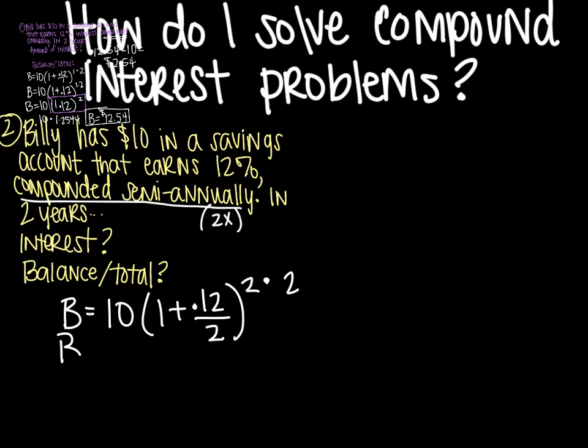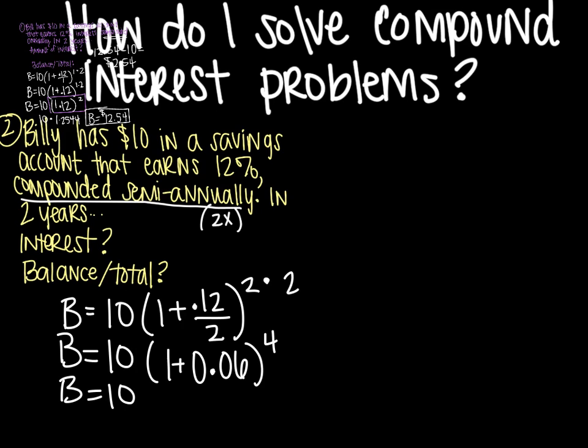Simplifying it, okay, in your calculator, 0.12 divided by 2 gives you 0.06. And then I'm just going to simplify the exponent right away, it gives me 4. Still following order of operations, 1 plus 6 hundredths is 1.06 to the 4th power.